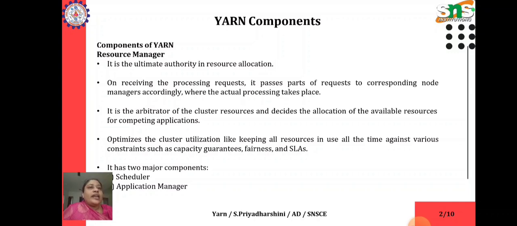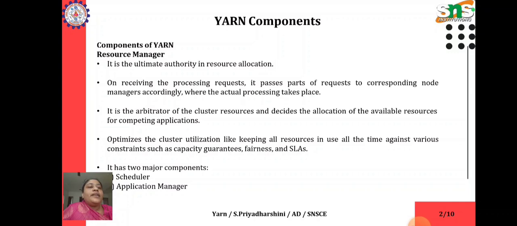So in order to eradicate those bottlenecks and to improve scalability, in Hadoop 2.0 they introduced the YARN component, which is Yet Another Resource Negotiator, mainly by Yahoo and Hortonworks.